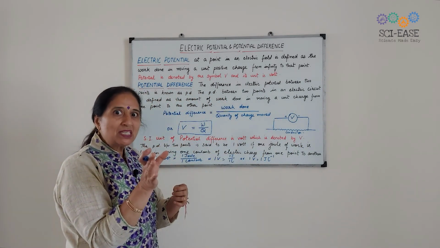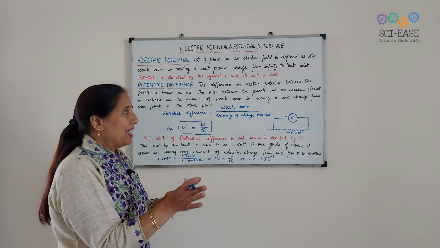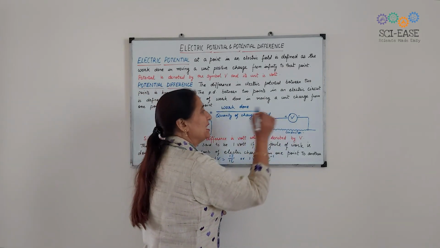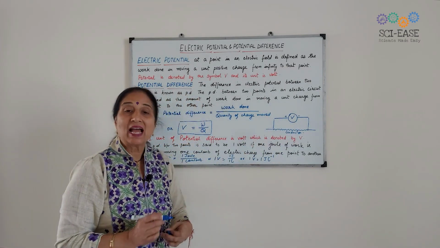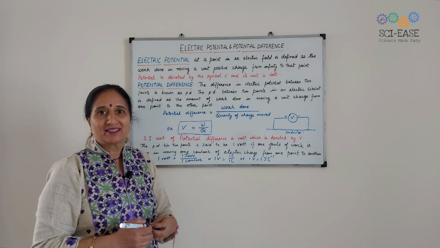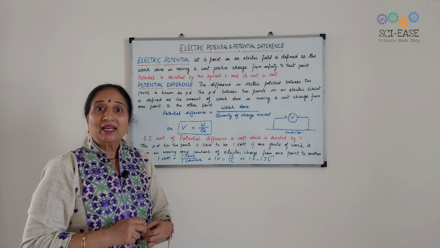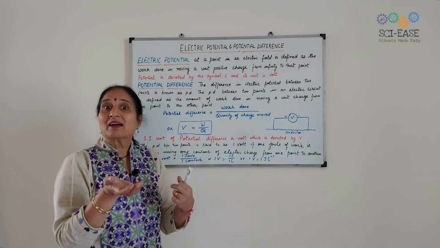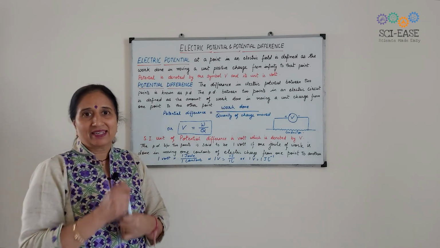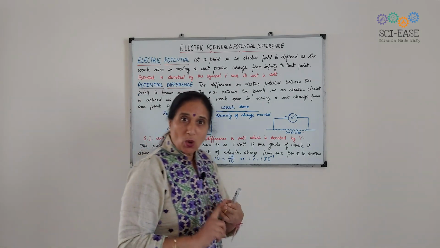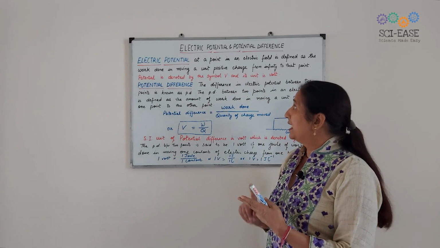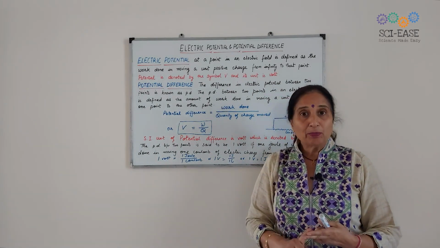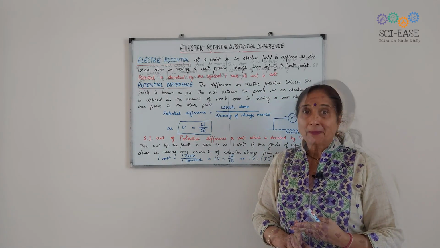These things you must memorize. And this voltmeter has high resistance so that it does not take current from the circuit. So this is all about the electric potential and the potential difference.